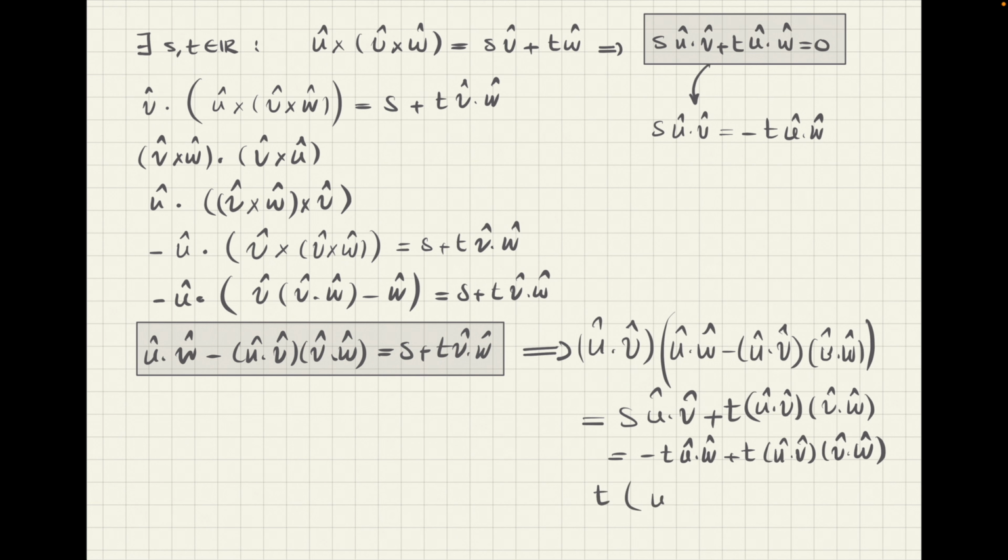This becomes U dot V, V dot W minus U dot W.